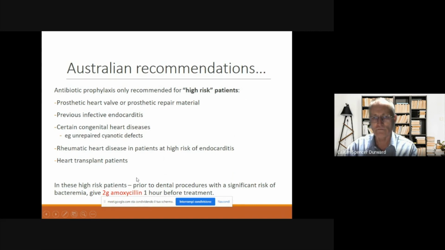In these high-risk patients, prior to a dental procedure likely to cause bacteremia, they are given 2 grams of amoxicillin 1 hour before treatment and no follow-up dose.